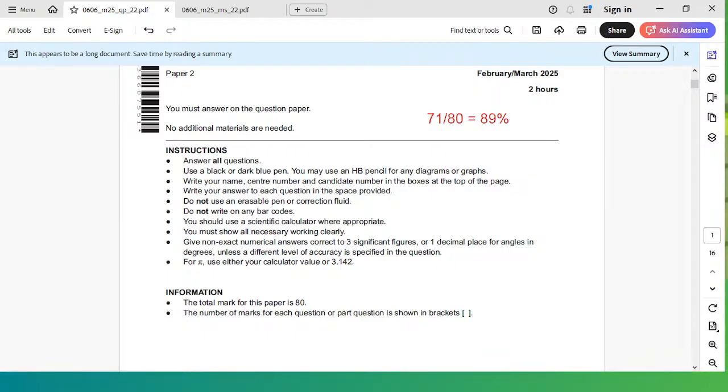with the grade thresholds, you're nearly guaranteed to get A star. I scored 75 in my other paper, and I'm just gonna pull the thresholds up real quick. So component 1, 2, yeah, A star would require a total of 139.